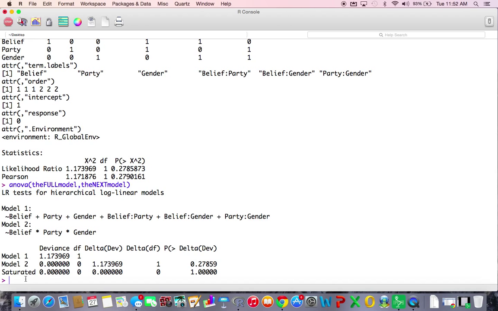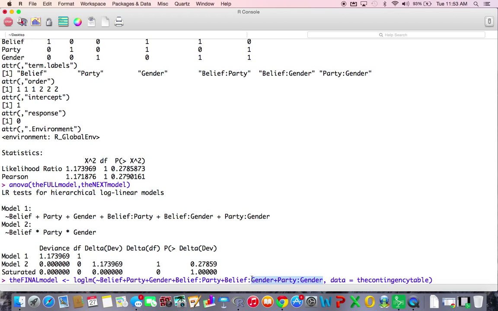So, gang, what we want to do now, let's go on up here. This has got to be the final model. Our two-way interactions weren't statistically significant, so I need to get rid of those and just look at the main effects, right?